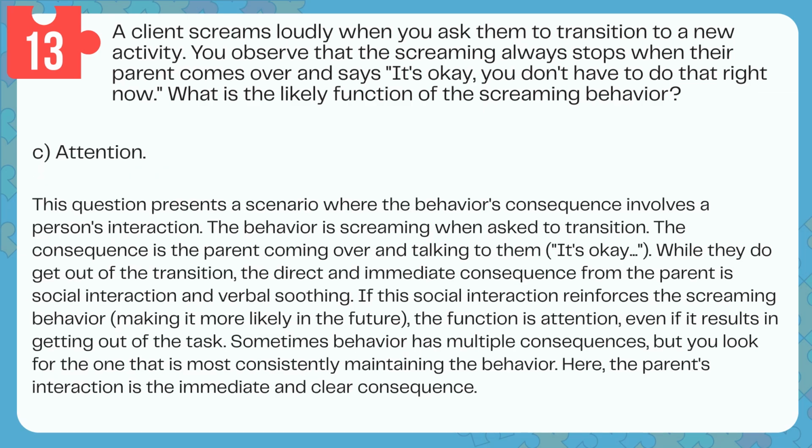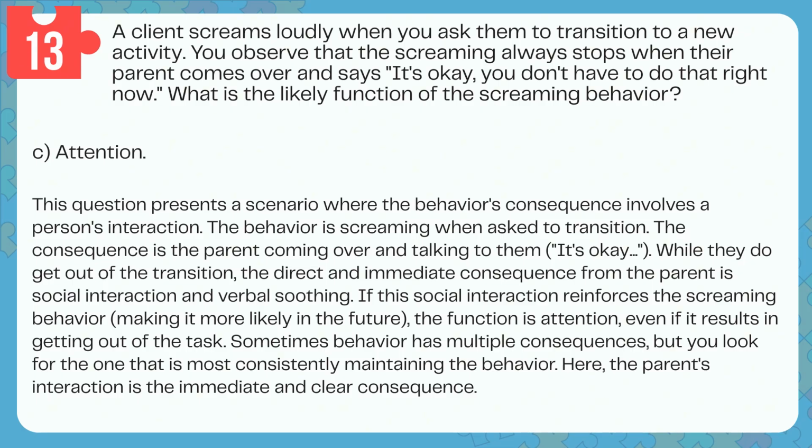Answer C. Attention. This question presents a scenario where the behavior's consequence involves a person's interaction. The behavior is screaming when asked to transition. The consequence is the parent coming over and talking to them. "It's okay." While they do get out of the transition, the direct and immediate consequence from the parent is social interaction and verbal soothing.